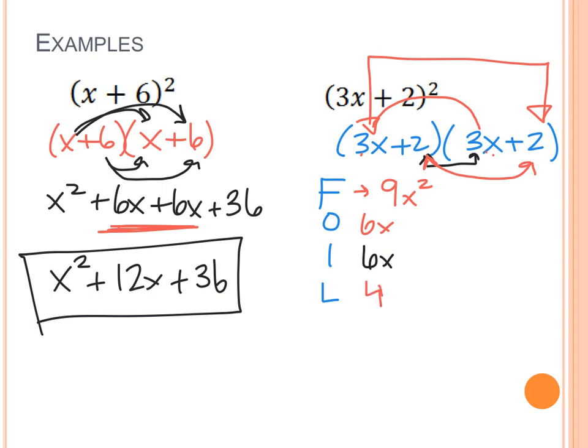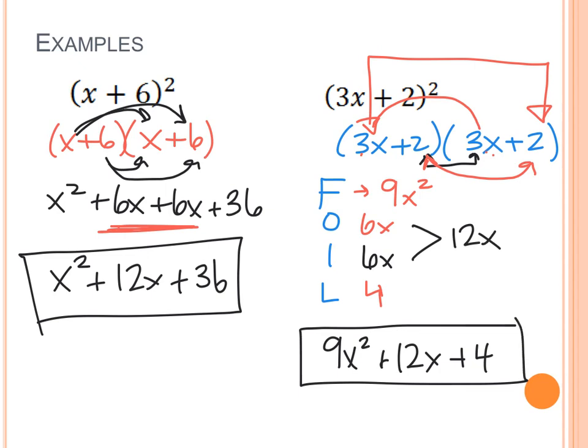Now if I combine those all together, again, we notice that these are like terms. They would combine together to give us 12x. And so my final expression is 9x squared plus 12x plus 4. And so that's pretty much going to do it for our FOIL method and kind of multiplying binomials.